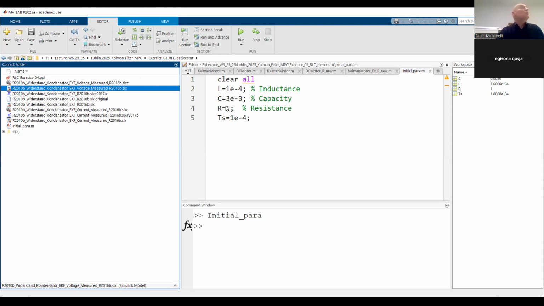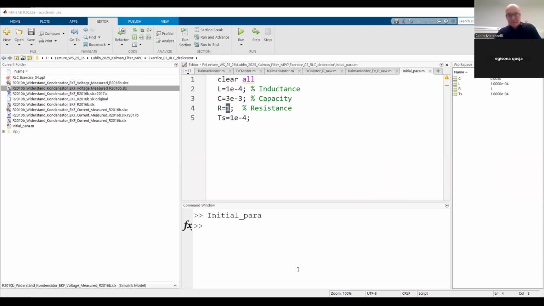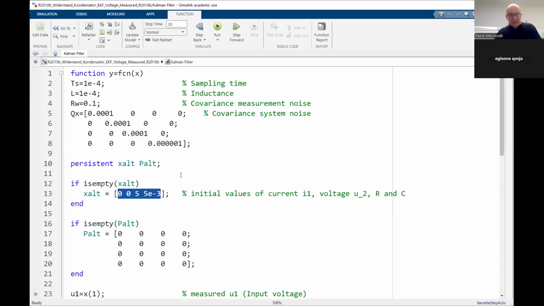R is 1, and we put 5, right? C is 3, 10 up to minus 3, and we put 5. Oh, I don't remember. Let me look. These are the true values. Instead of 1, I put 5. Instead of 3, right? I put 5.